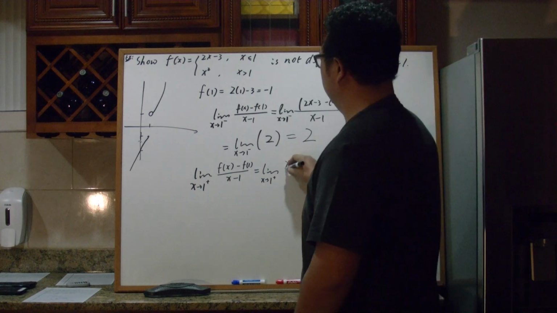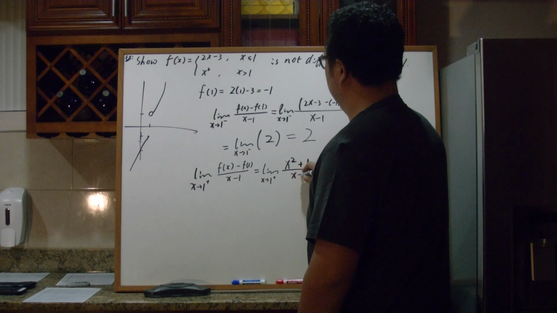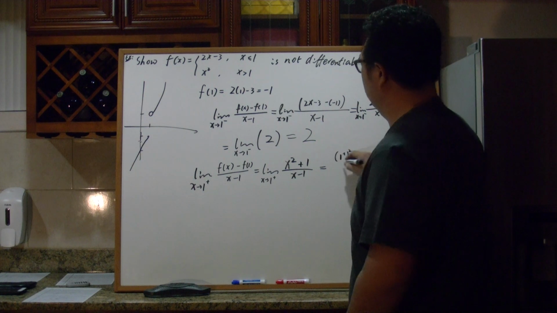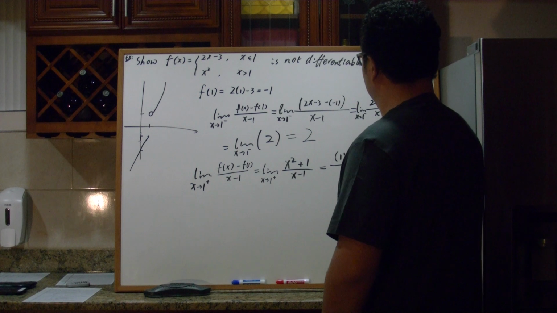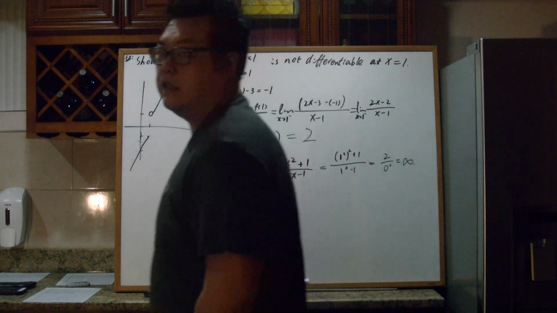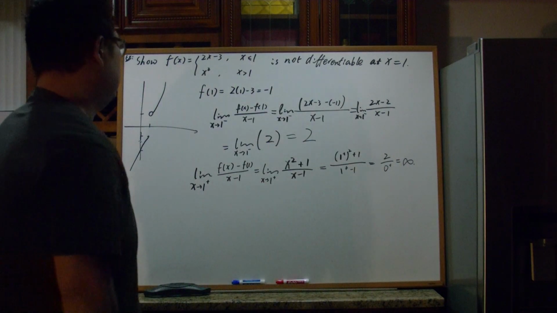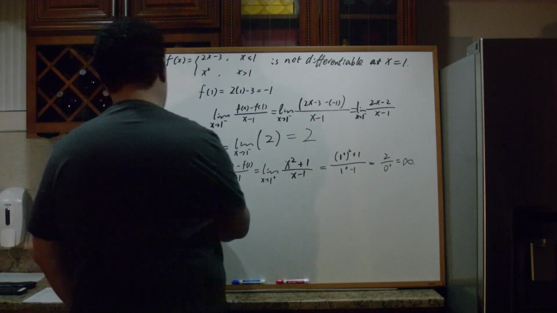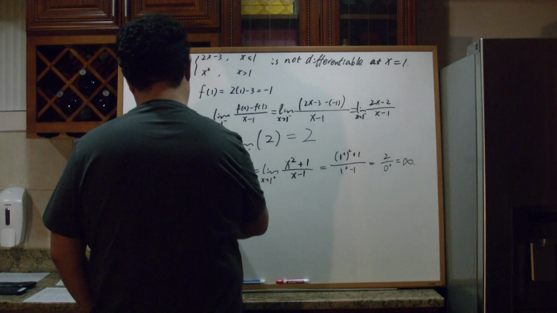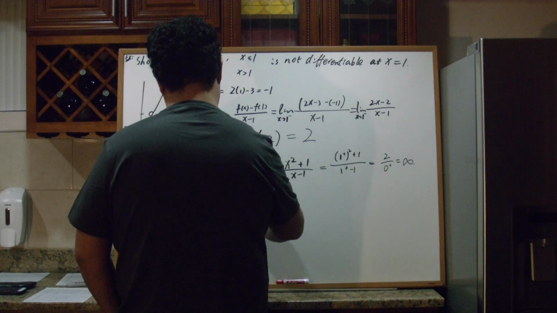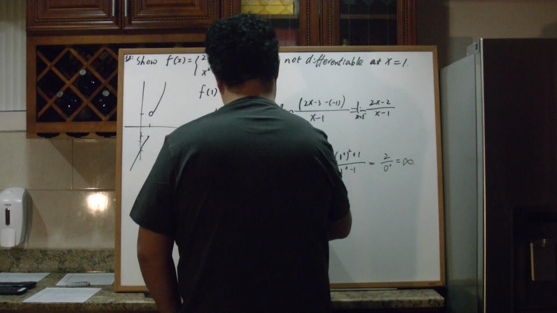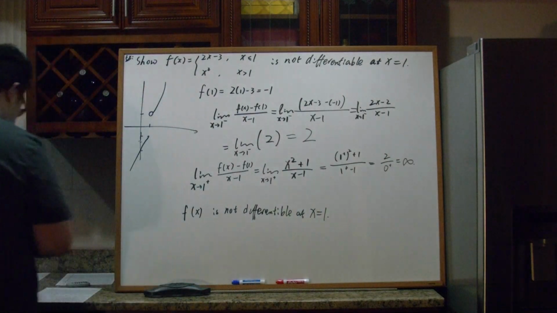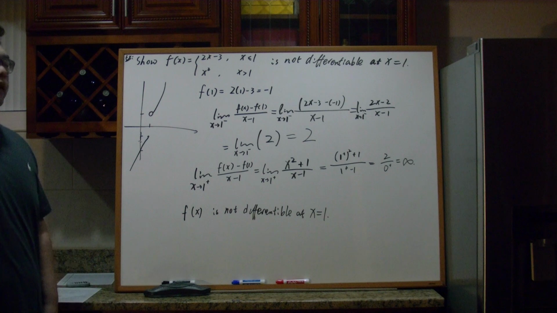For x bigger than 1, that is x squared minus negative 1 over x minus 1, a little bit bigger and a little bit bigger. From the right, it does not exist. Therefore, we have a side that doesn't exist and a left side that exists. In this case, we can officially say f of x is not differentiable at x equals 1.